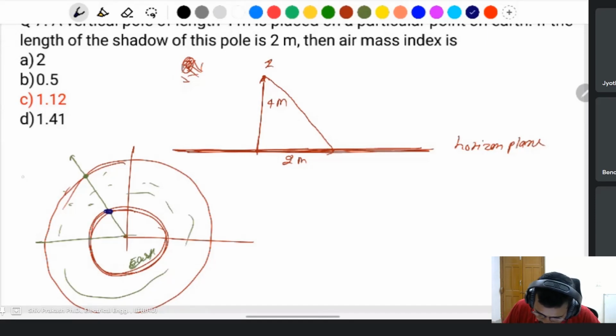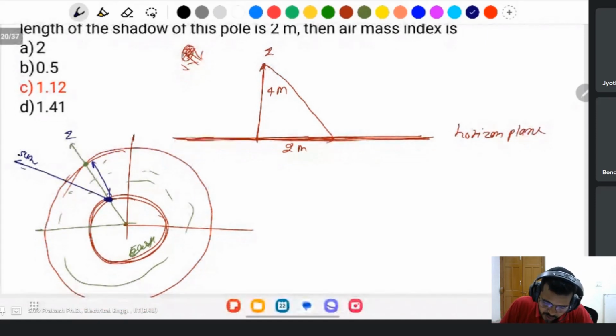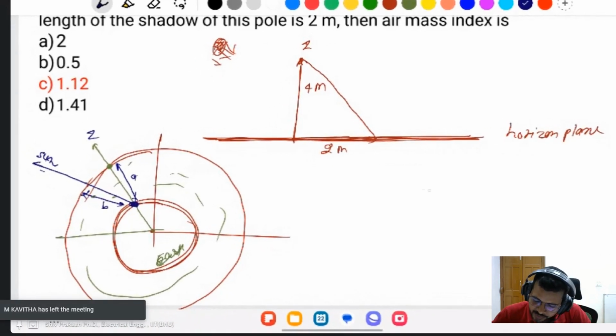This will be the sun. Zenith axis, this length to this length. So take this one A to B, and A by B is known as the air mass index.